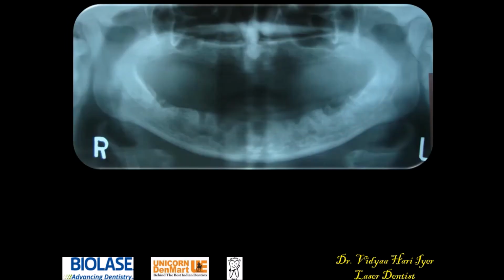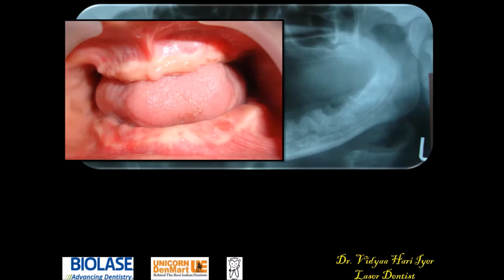So many a times, especially when patients come to us for complete dentures or full mouth complete dentures, you can see that sometimes the patient does not have enough bone. So what we generally do is we tell you can go in for an implant supported dentures or a complete denture.